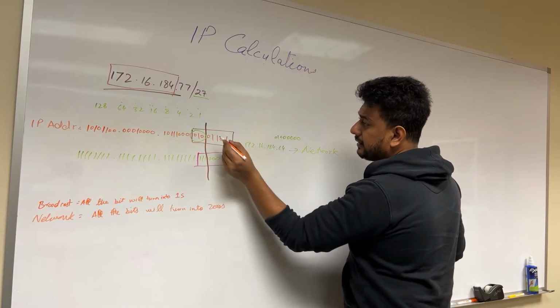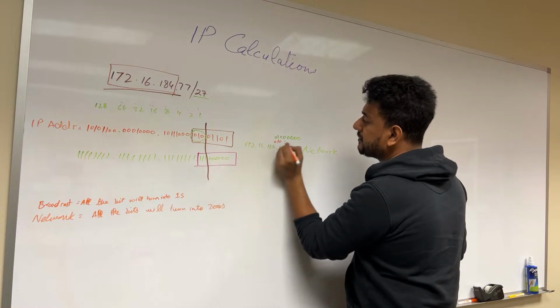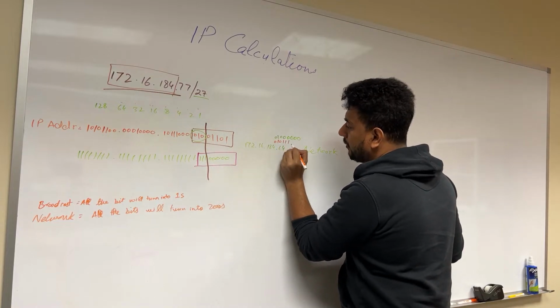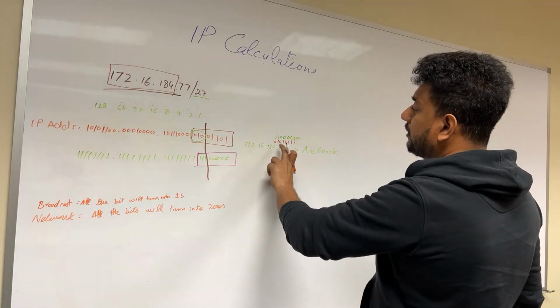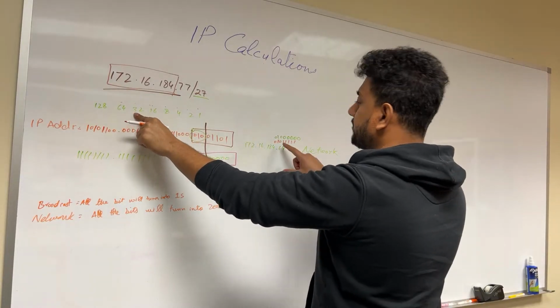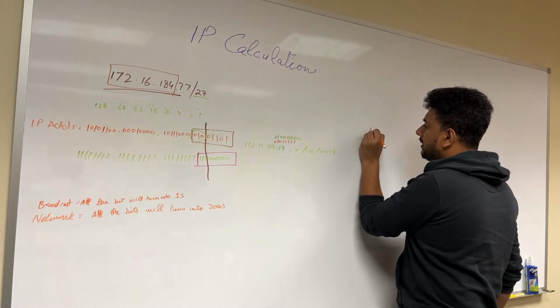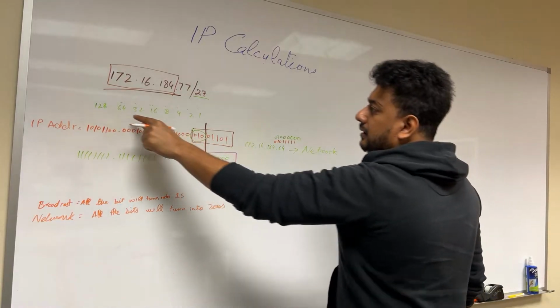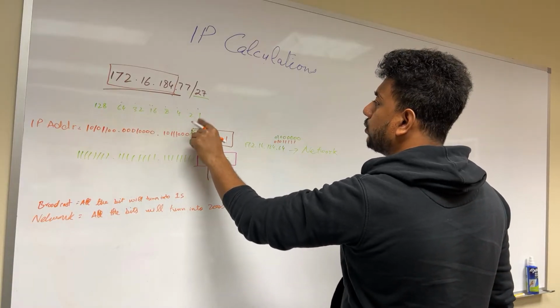And now we'll turn all the bits into 1. Let's do that. We're going to keep 101 as it is, and all other bits will become 1: 1, 1, 1, 1, 1. Now we're going to calculate this. We know this is 64, and after 64, this bit is 0. 64 plus 16, and then 8, 4, 2, 1.